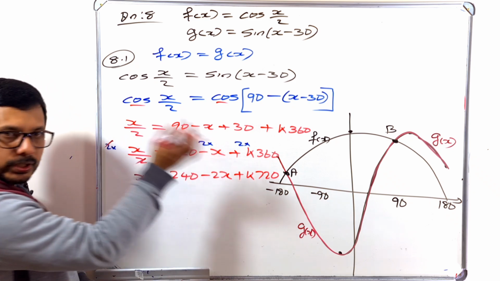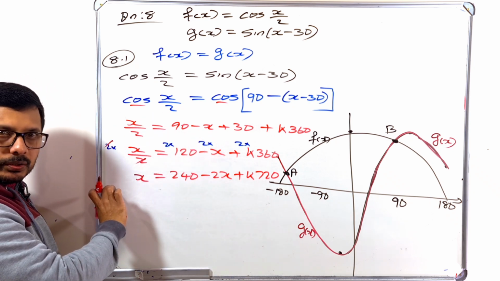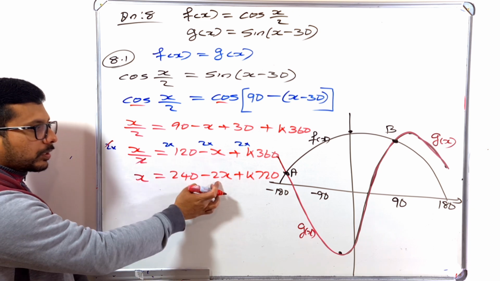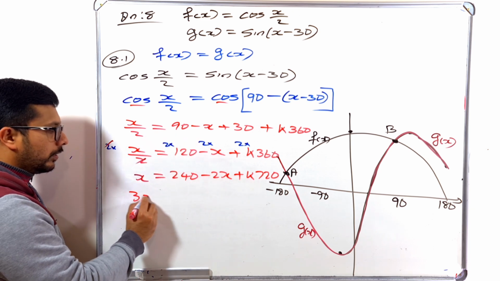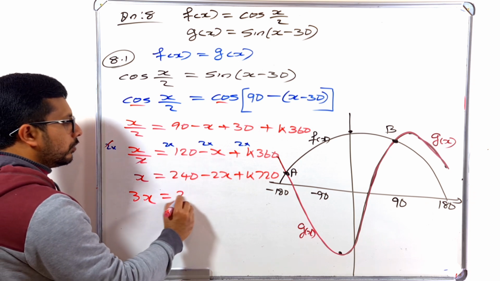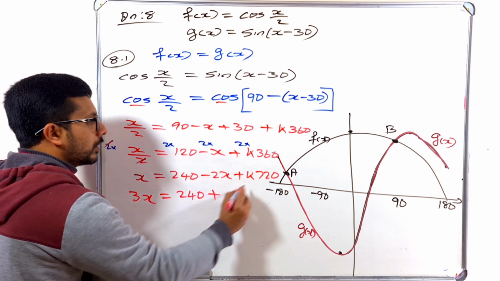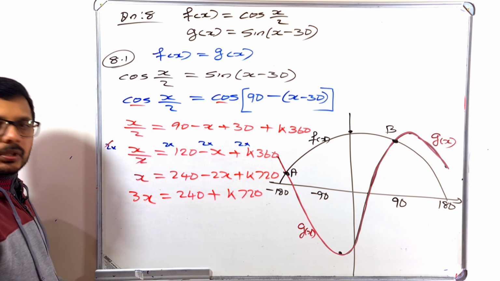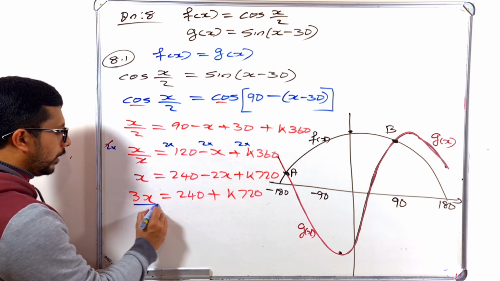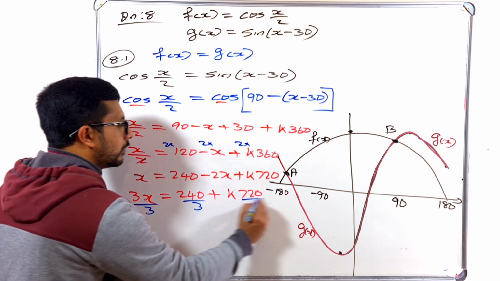Okay, so what is this? Take this minus 2x to this side, so it is positive 2x. So x plus 2x is 3x, equal to 240 plus k 720. So now we have to find x, so divide throughout with 3.